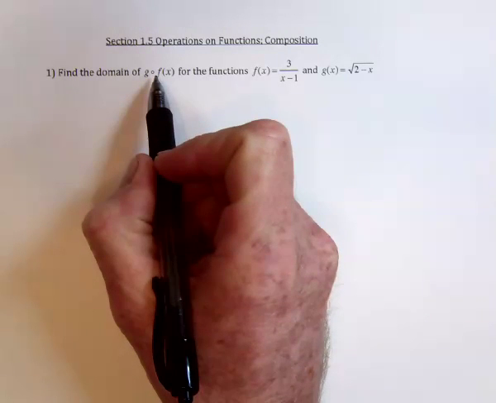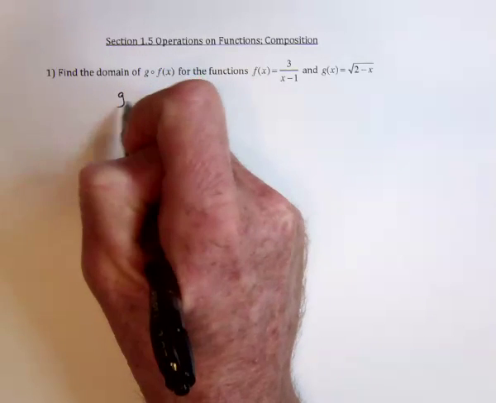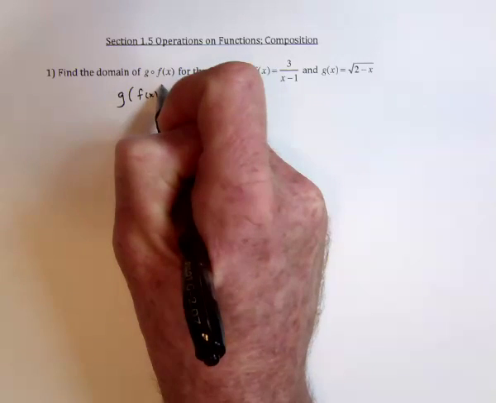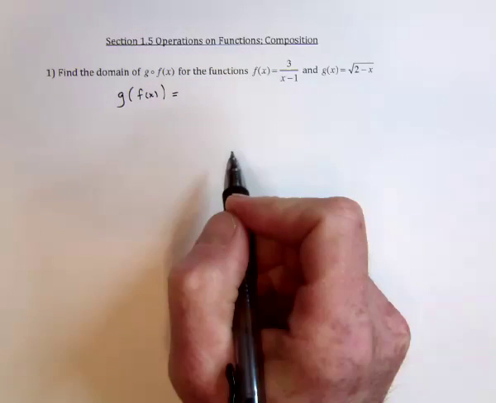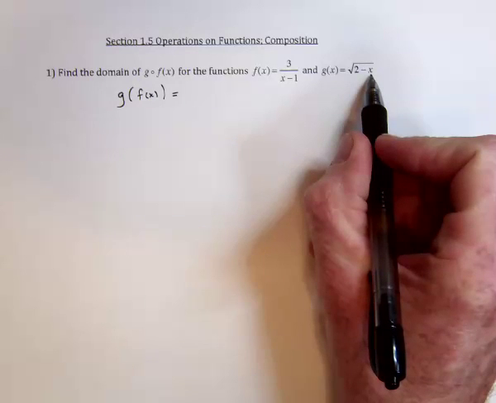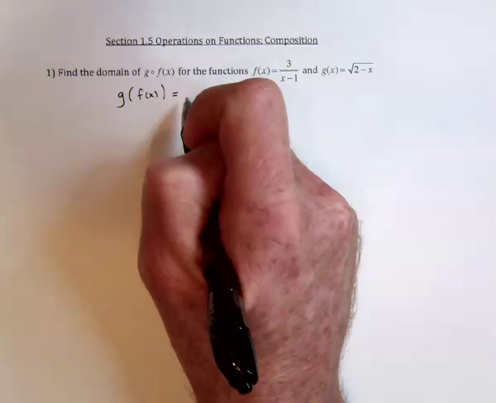Here we've got the composition of functions, which means take the g function and substitute into it the f function. So wherever g had an x, we're going to be replacing it with this fraction 3 over x minus 1.